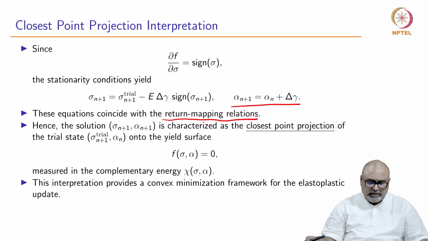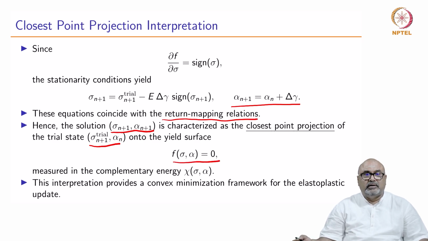The solution is characterized as the closest point projection of the trial elastic state onto the yield surface. One can say that the return mapping solutions sigma n plus 1 comma alpha n plus 1 are the closest point projections of the trial elastic state sigma n plus 1 trial comma alpha n onto the yield surface, defined as f of sigma comma alpha equal to 0, measured in the complementary energy chi of sigma comma alpha.